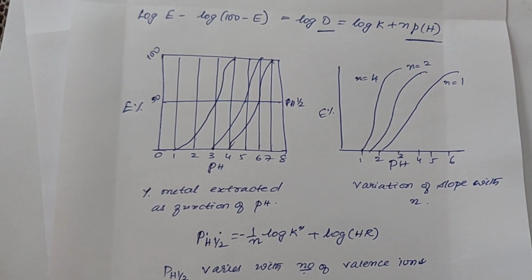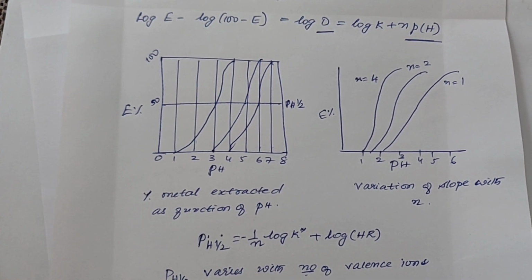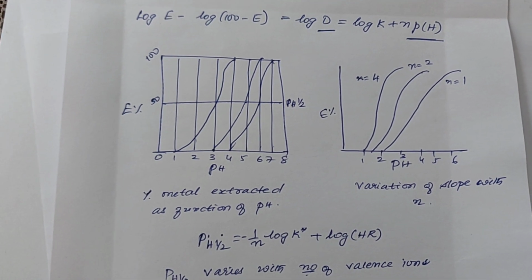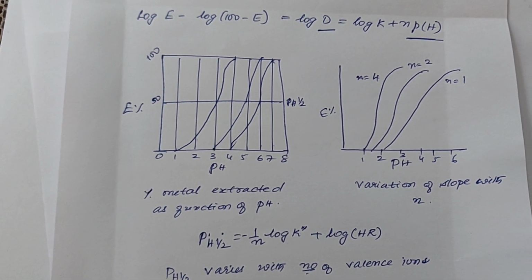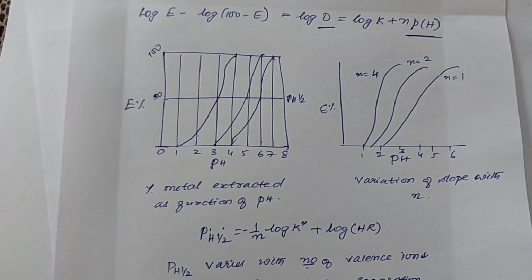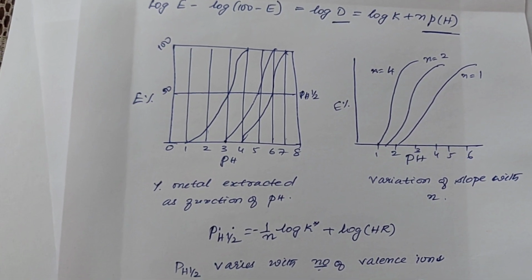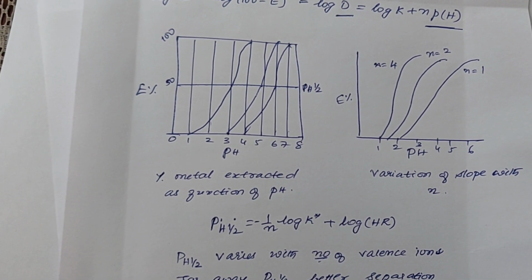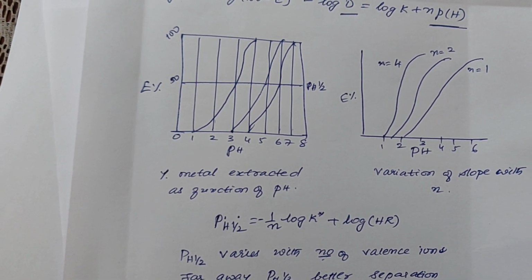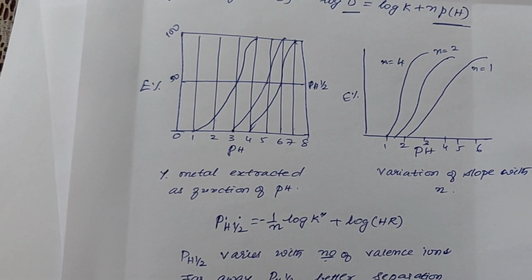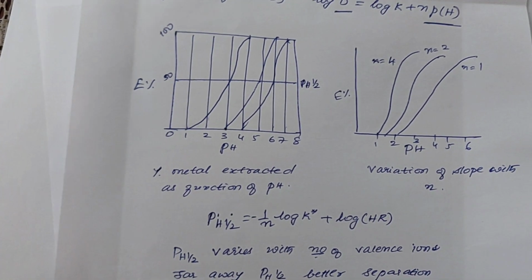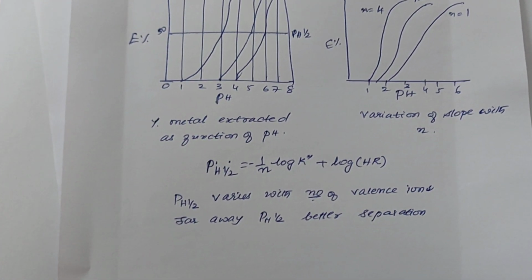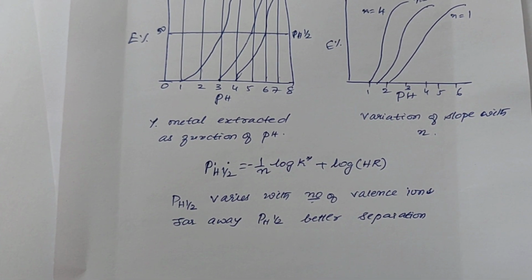Now we have two graphs here of percentage extraction versus pH. In the first case, we can see the value of n is kept constant and the pH has been varied, so you have different plots with different slopes. Whereas in the second case, we have variation of slope with the value of n. So pH half, the half-extraction point of the graph, is equal to minus 1 by n log K star plus log HR.